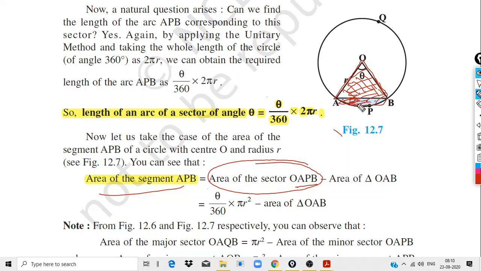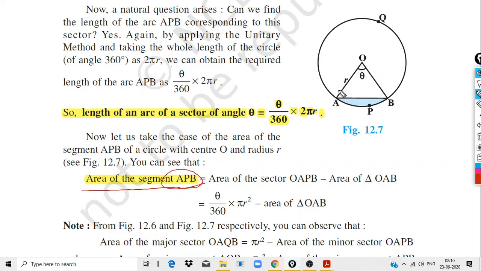Now what remains will be the APB segment area. It is just a basic concept that area of this segment APB is equal to area of the sector OAPB minus area of the triangle OAB.